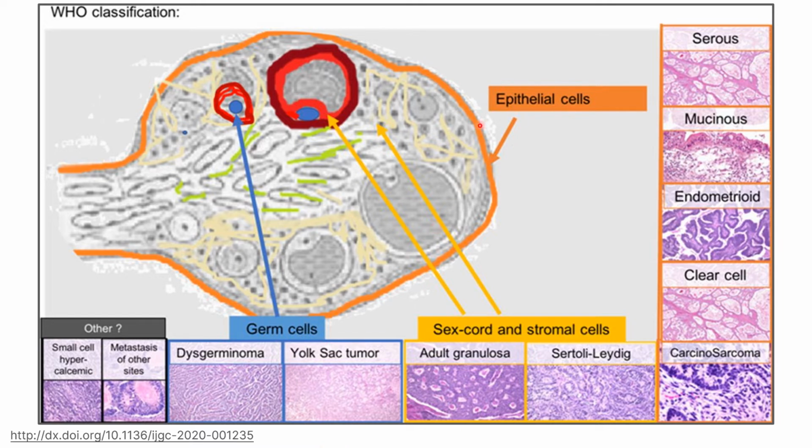They may arise from the surface epithelium or epithelial cells, or the germ cells here, or the sex cord, the cells that covering the ovarian follicles, and stromal cells, sex cord and stromal cells tumor, and also the tumors that derive from other organs or metastasis. In this lab work, we will only talk about one of the sex cord tumor called adult granulosa cell tumor.